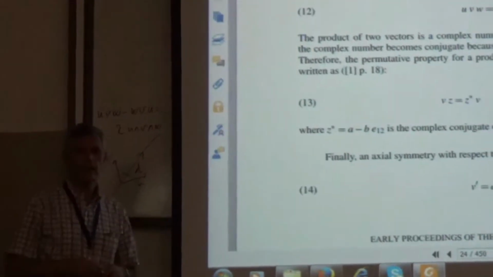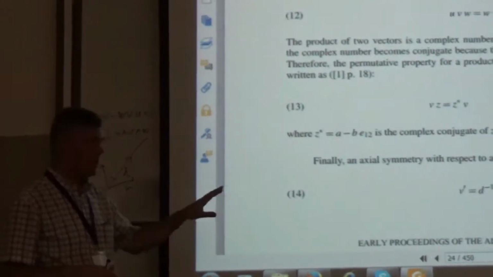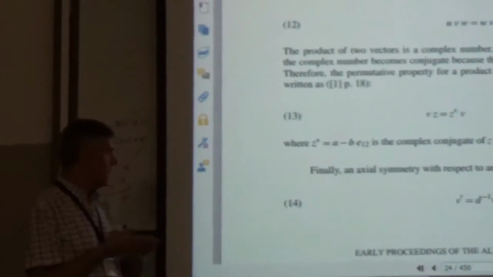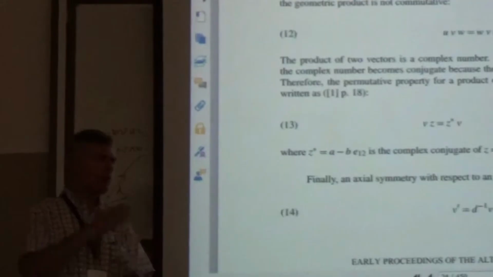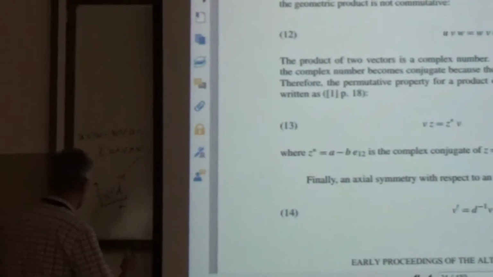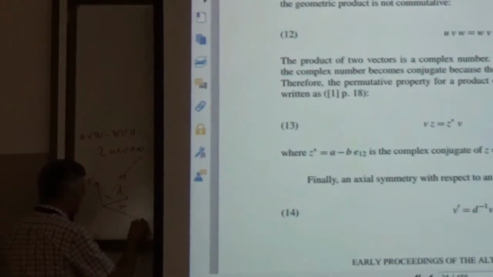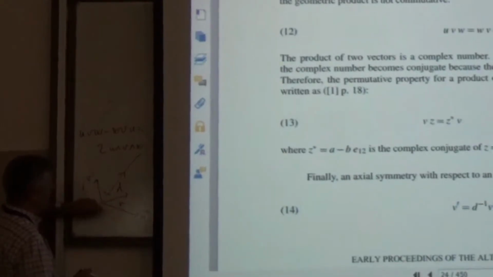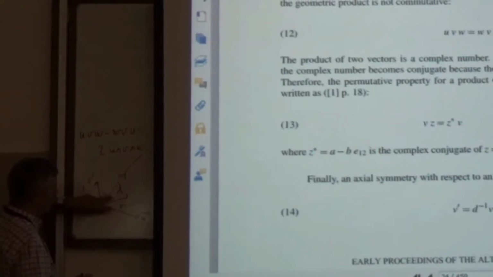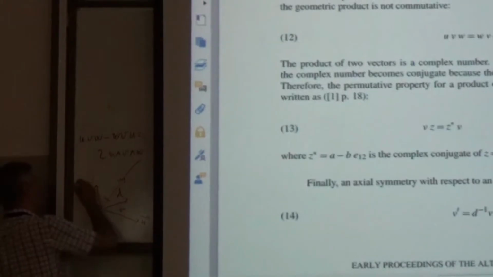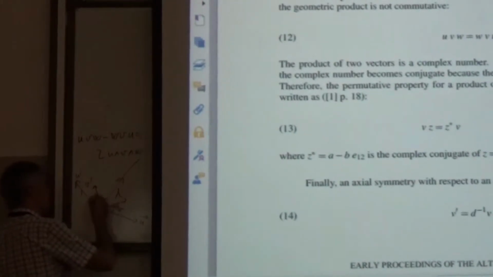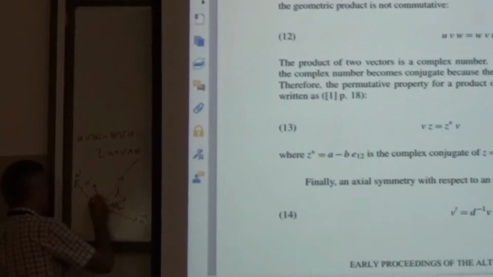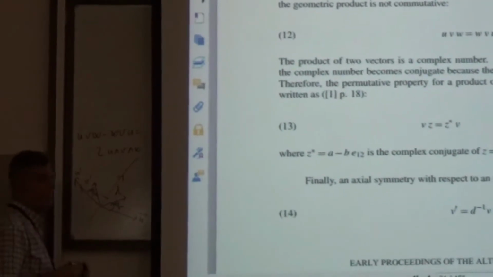You can apply it also to complex numbers, and the axial symmetry applied to complex numbers means its conjugation, because the order of the vectors is changed. It is not the same to do this multiplication as this other multiplication. Notice that the other has changed the sign.